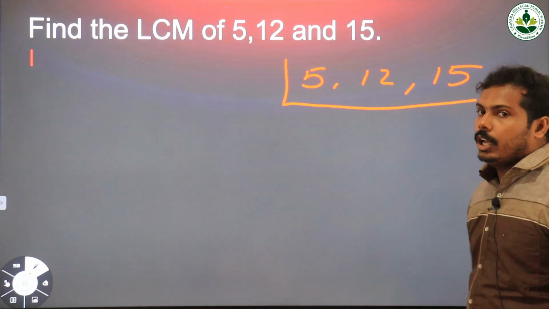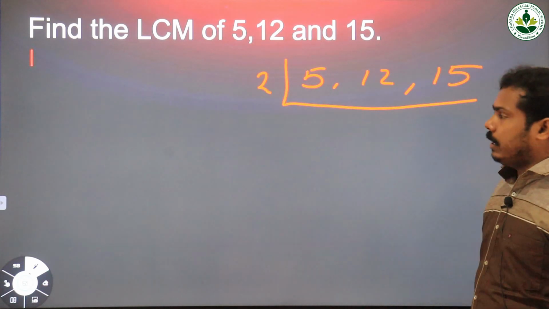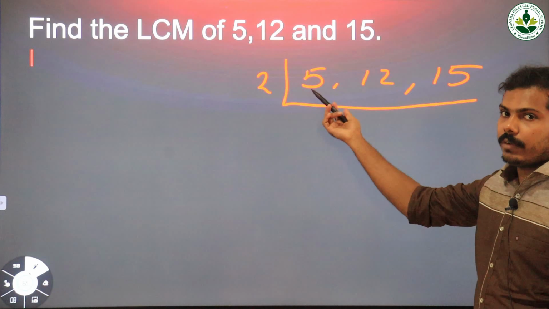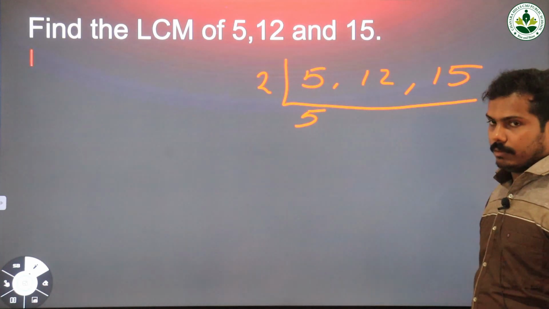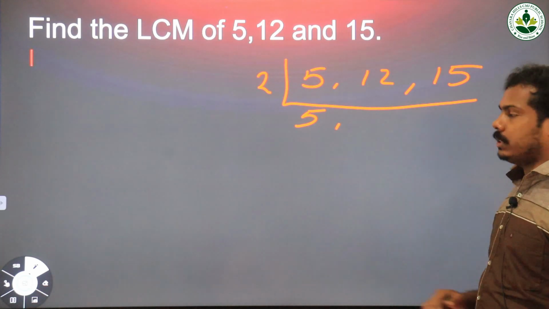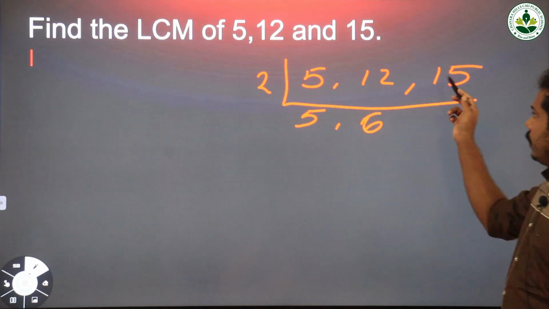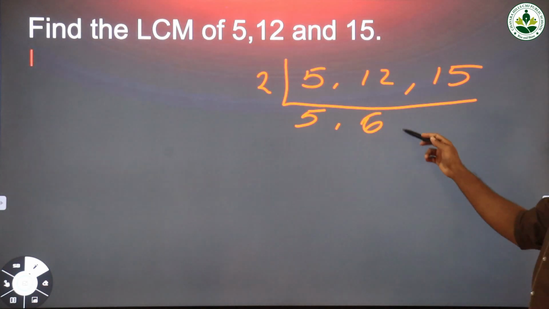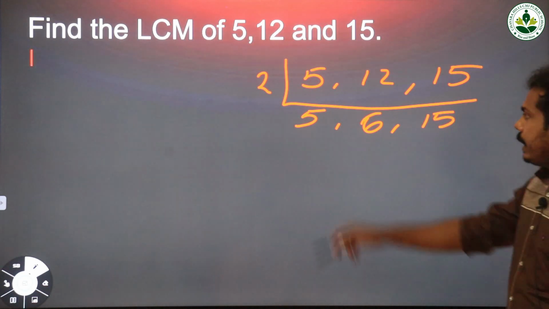We can't divide 5 with 2, the least prime number, so bring it down, write it down, 5, without any change. And we can divide 12 by 2. 12 by 2 is 6. It is not possible to divide 15 with 2, so write it down.